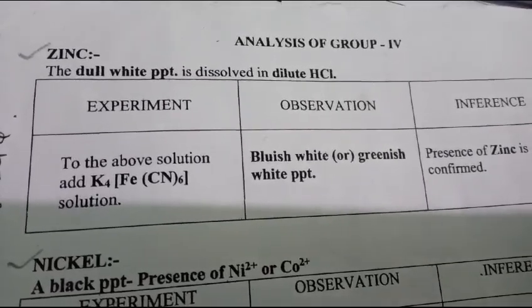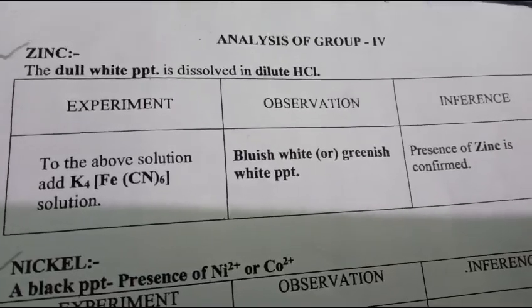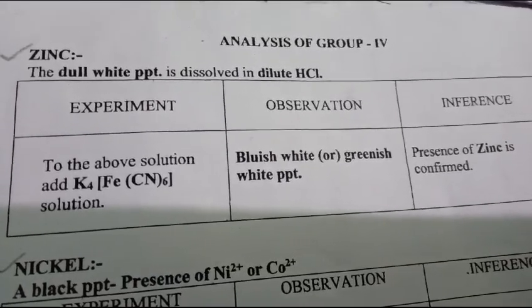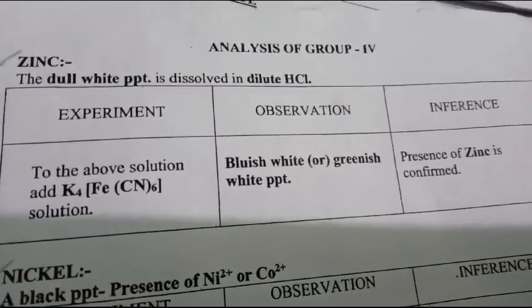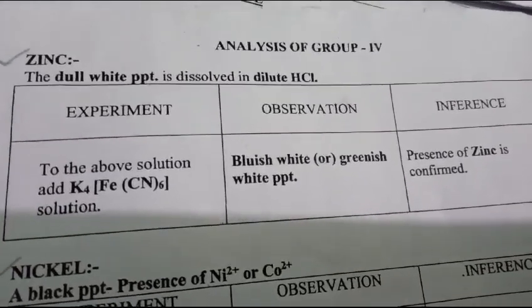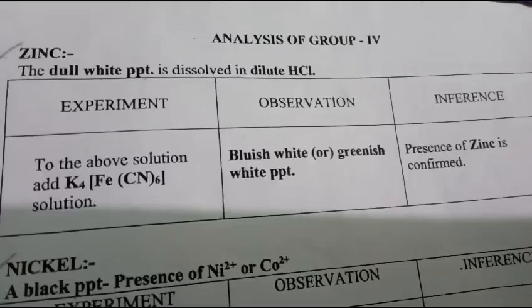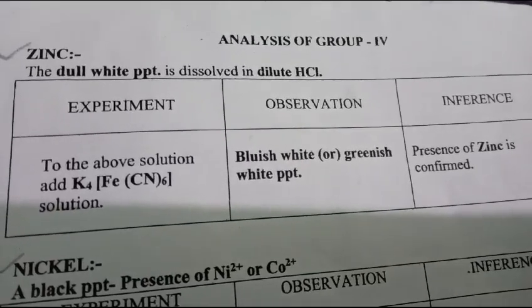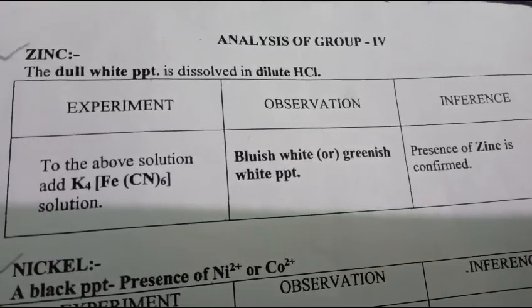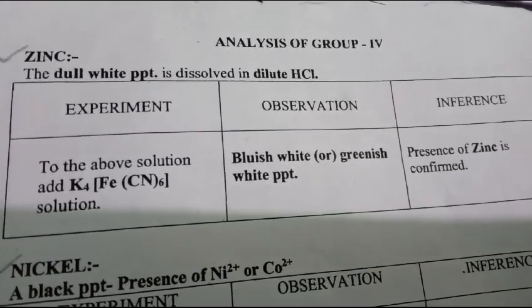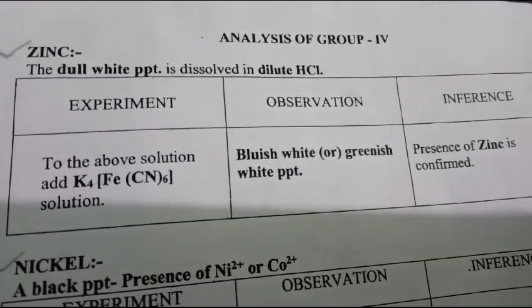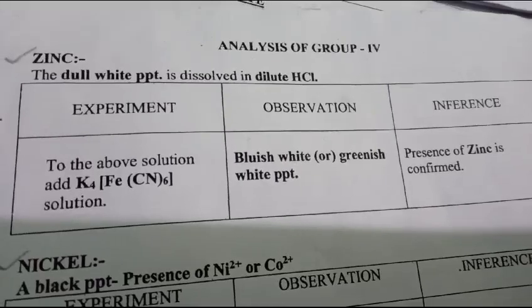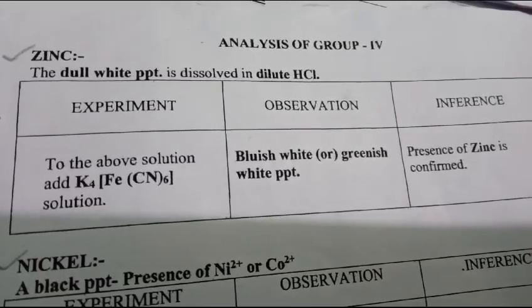If you don't put the quantity which is needed, then you will not get the bluish white and greenish white precipitate for zinc, because I have also experienced that. I didn't get it, and my teacher explained to me the reason: the dilute HCl quantity was not correct in my practical. So don't do that.